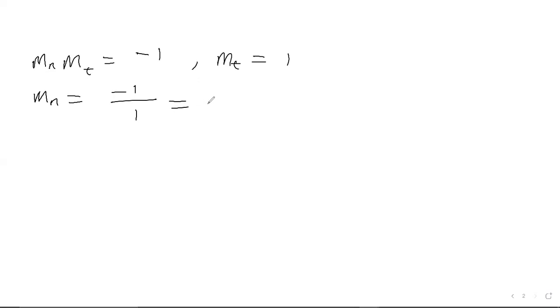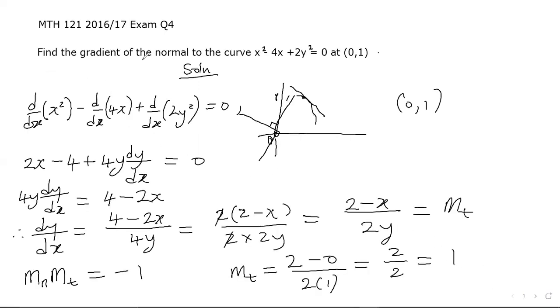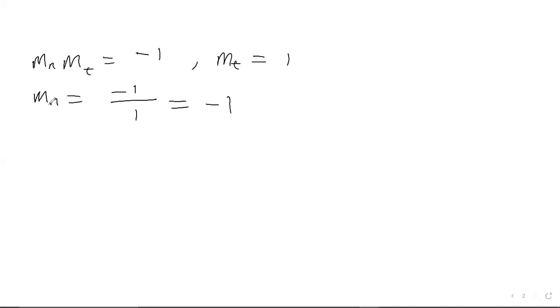So that gives you -1. So m_n is -1. That's the solution. The question asked us to find the gradient of the normal to that curve, and we've successfully found that the gradient of the normal to that curve is -1.